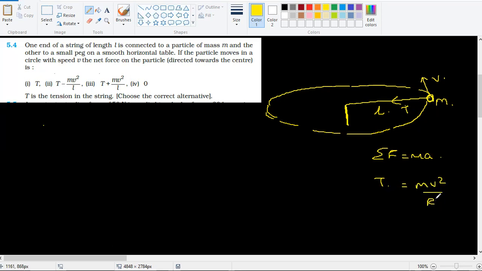R is your length L. So I think the answer would be just tension T, because the force acting on it is only this one. Okay. Any questions?